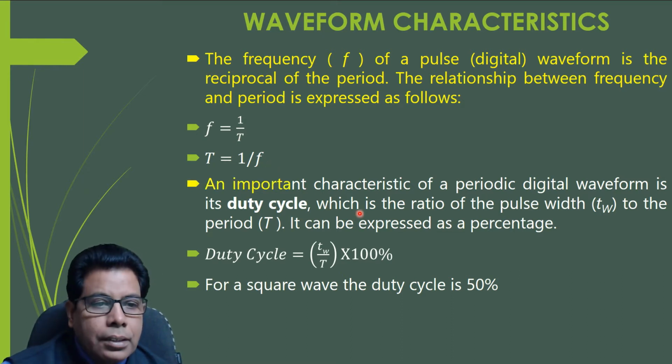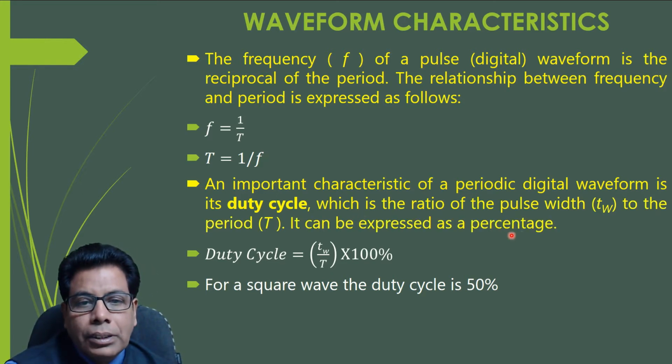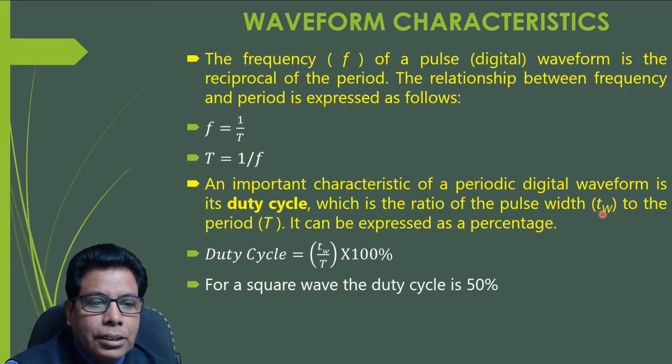Then another characteristic of a periodic waveform is duty cycle, which is the ratio of pulse width, tw, to the period T. It can be expressed as a percentage. So duty cycle is the pulse width divided by T, times 100.